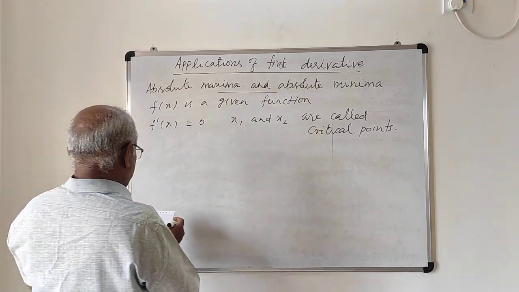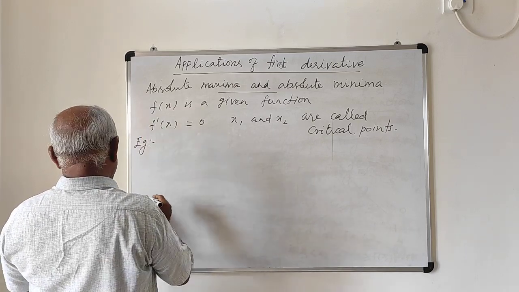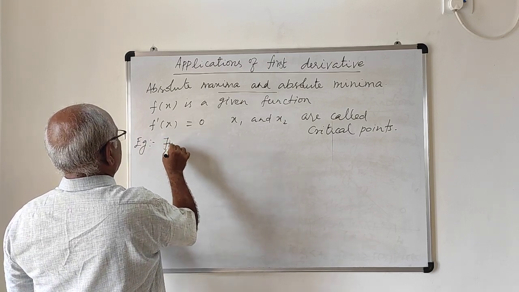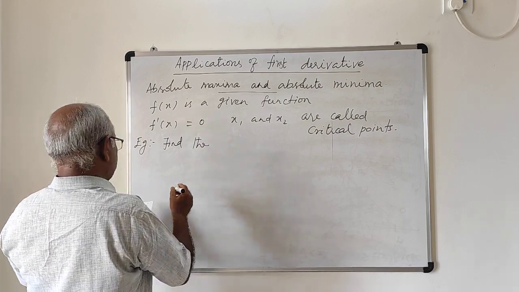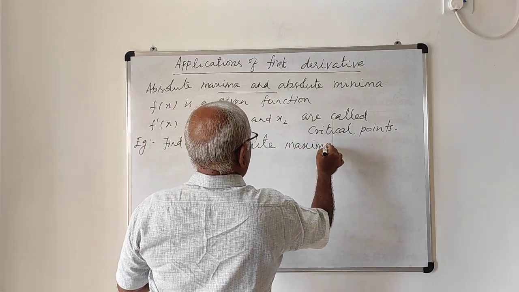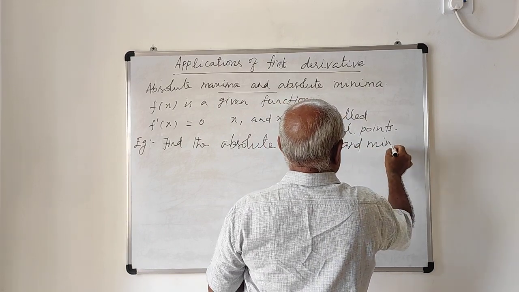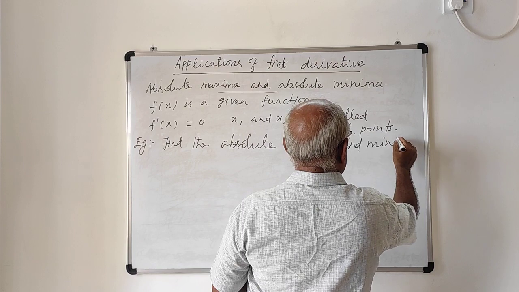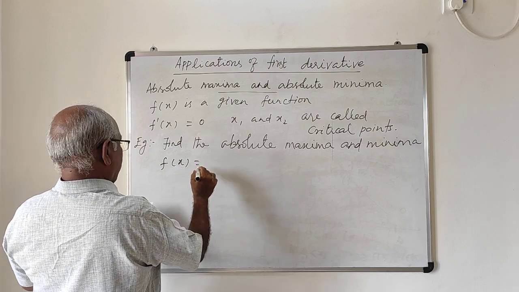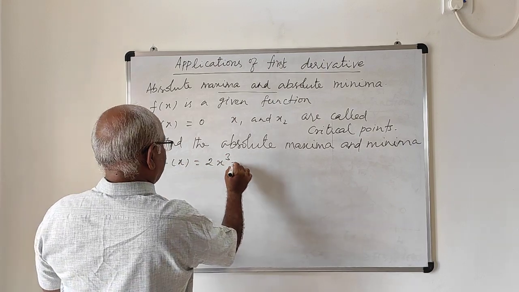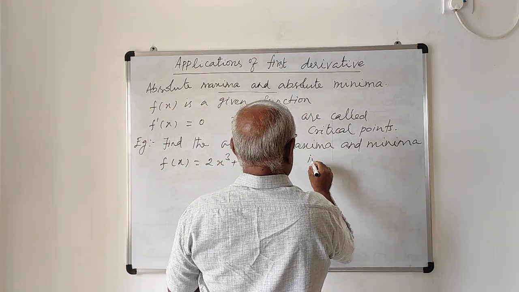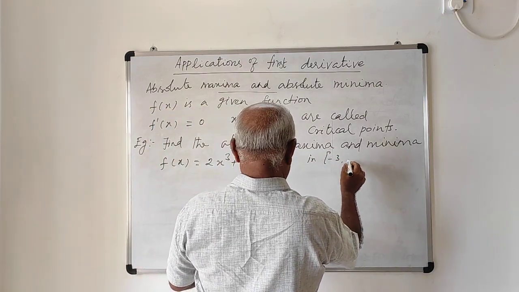Now a problem example. Find the absolute maximum and absolute minimum values of the function f of x equal to 2x cube plus 3x square minus 12x in the closed interval minus 3, 2.